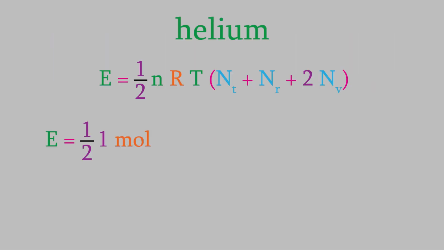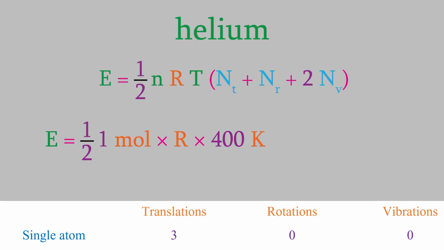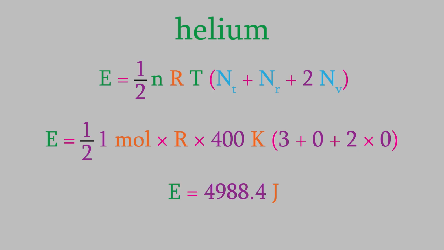We have 1 mole. R is 8.314 joules per Kelvin mole, and the temperature is 400 Kelvin at the start. Because this is a single atom, there are 3 translational degrees of freedom, 0 rotational degrees of freedom, and 0 vibrational degrees of freedom. That gives us 4,988.4 joules.